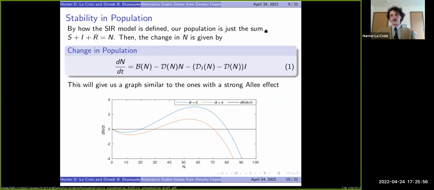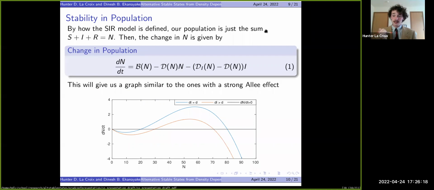All right, some other things about results with our model. The population is just the susceptible plus the infected plus the removed. The change in the population is given by this equation, and I plotted a couple of cases of it. In the blue, we have what happens when the infected death rate is equal to the regular death rate.